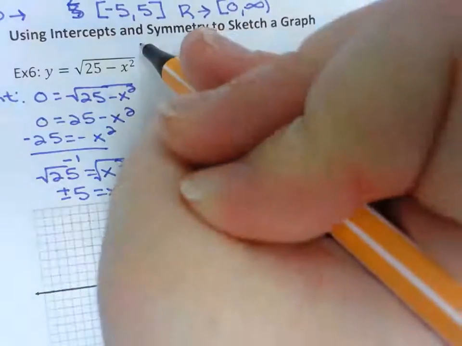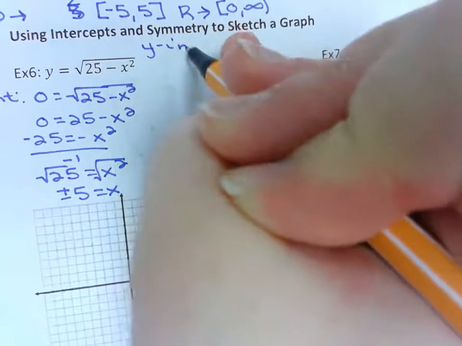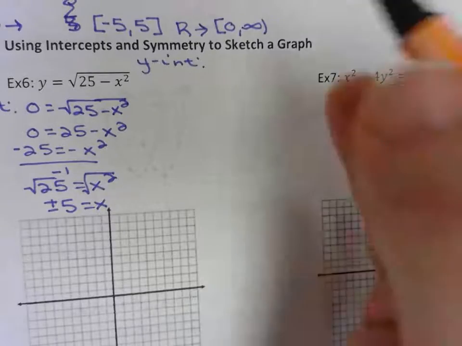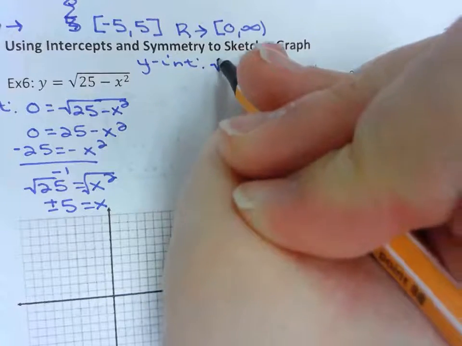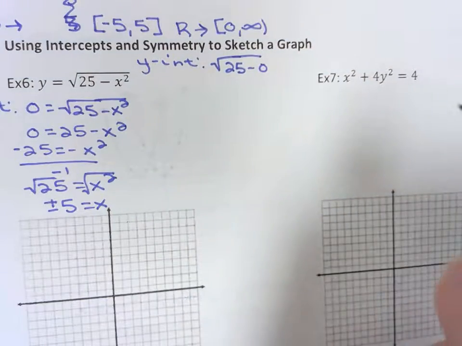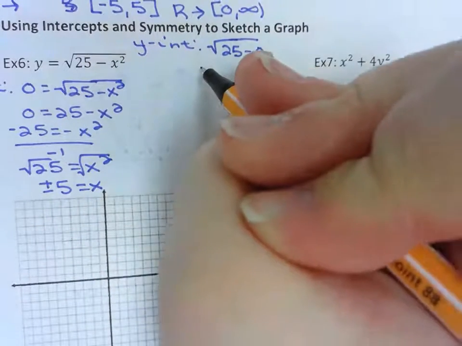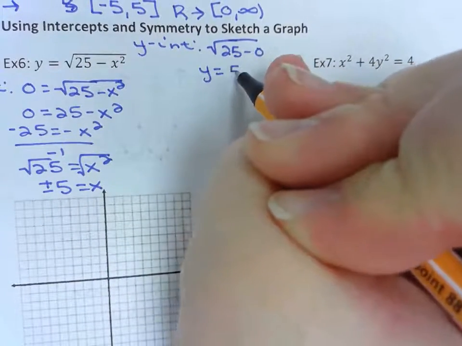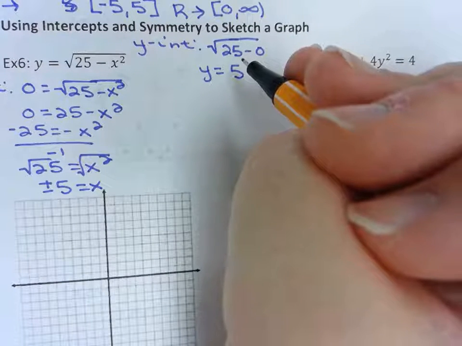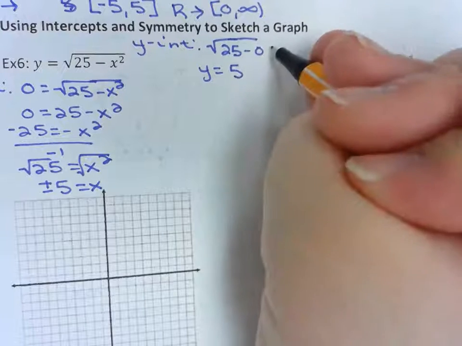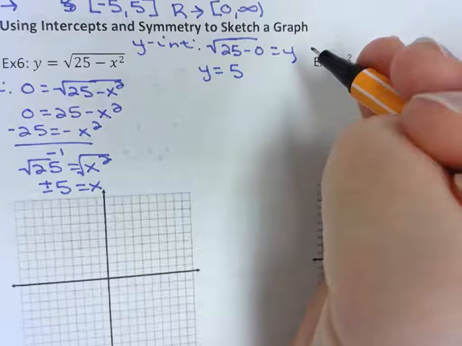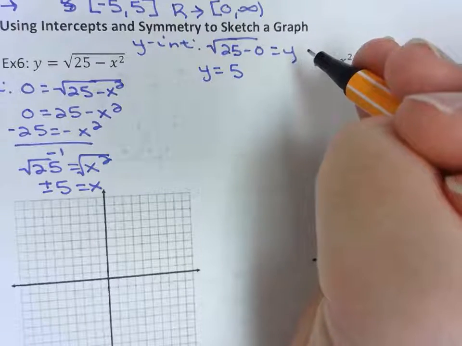Now let's look at the y-intercept. Plug 0 in for x. So I'm going to have the square root of 25 minus 0. The square root of 25 is actually just a positive 5, because I'm not actually solving for x squared.